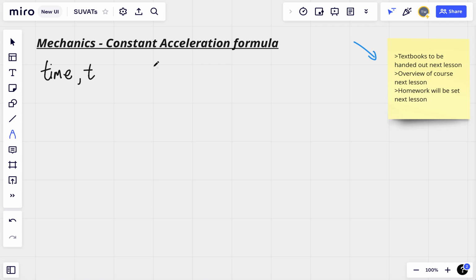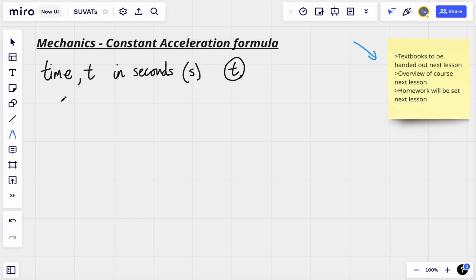So we have time, which we call T, and this is in seconds. That is our unit that we use. Okay, I'll give you all the base units for what we're going to use today, but time is in seconds, and this shouldn't be too breathtaking a thing to show you. Time T in seconds is the basis of what we're looking at.